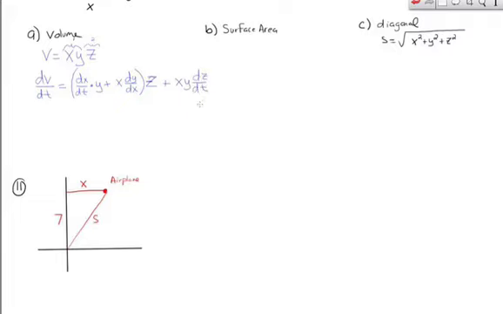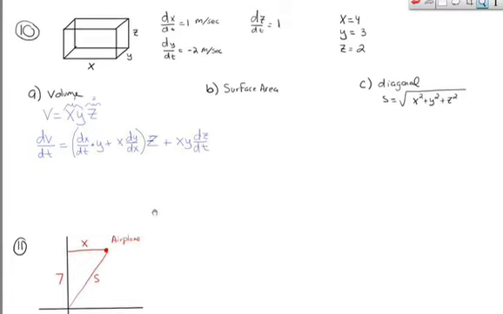And this time they actually want me to find dV/dt, not just write an equation that relates it. So I'm now going to plug in the information that I have. The box is changing, and the snapshot time that they want us to look at is when x, y, and z are 4, 3, and 2.